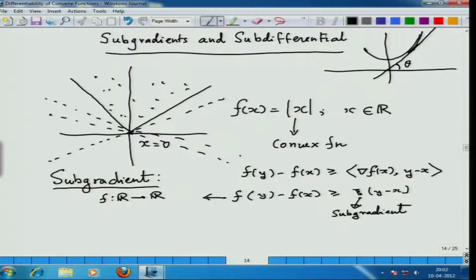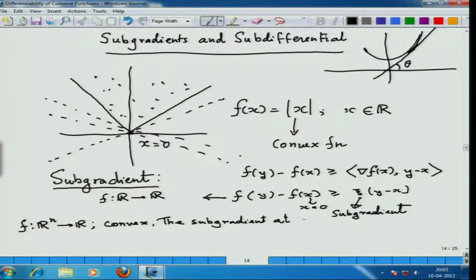In general, when you come to a function from Rn to R which is convex, here x is x equal to 0, because I am looking only at the tangents at 0. The subgradient at x is a vector xi in Rn.